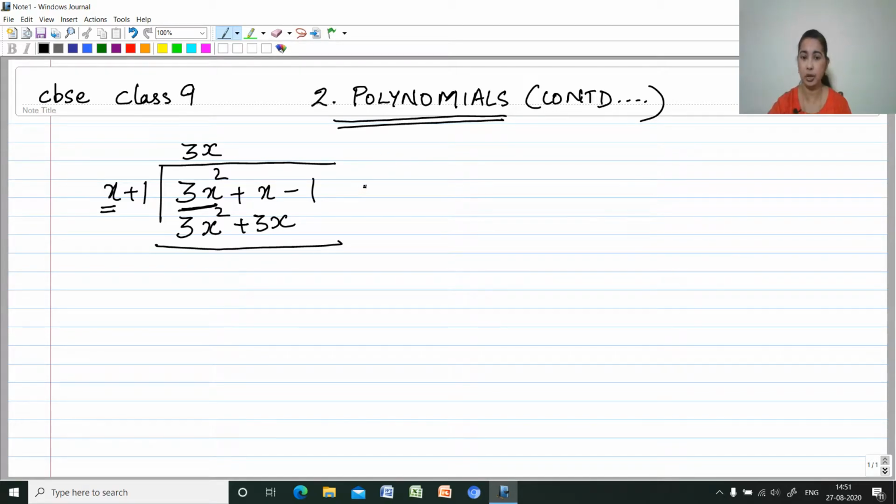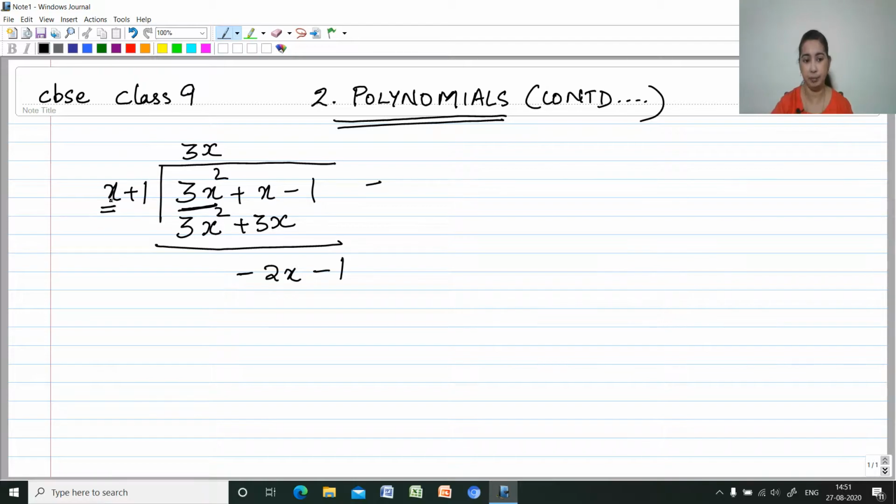Now as in usual long division we have to subtract, so that this 3x square gets cancelled. x minus 3x is minus 2x, then minus 1. Again we have to check what we have to multiply with x so that I am getting minus 2x.